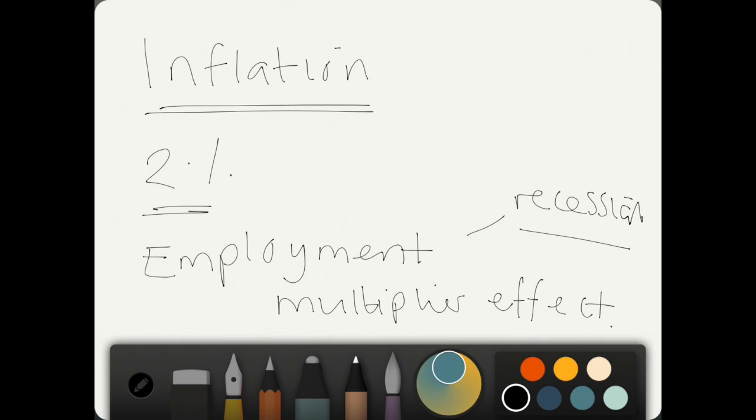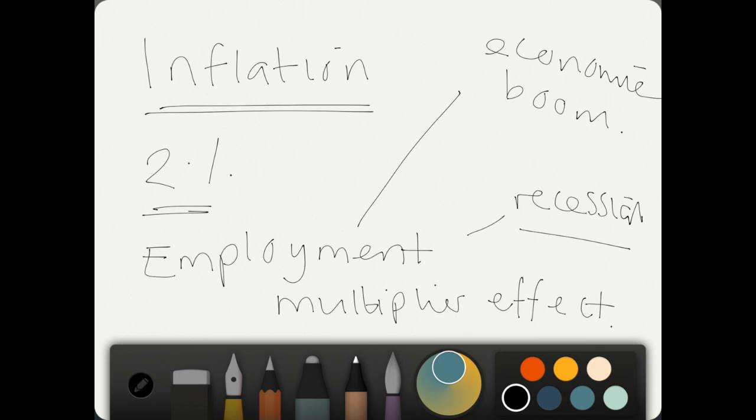Now the opposite to the recession would be an economic boom. And that is where there's lots of jobs, and there's lots of jobs because there's lots of people spending. The economy is growing. So, for instance, demand is growing. Now, our economy could grow because we've got a product that lots of people want to buy in another country.